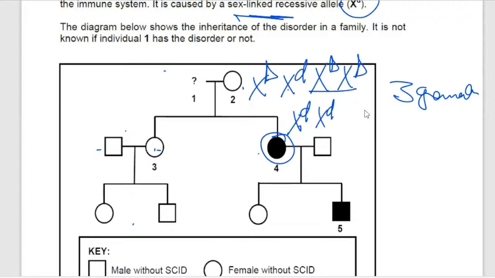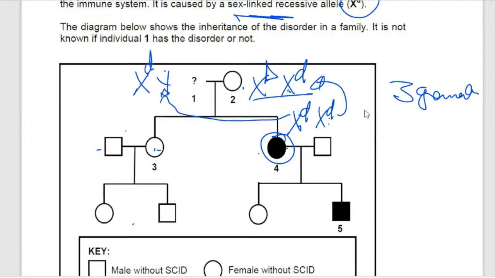Whenever they ask you to identify, make sure that you look at the kids. Which kind of kids they have produced. Therefore, we have identified that this kid is small d, therefore one came from the mother, so the mother is like this. Now, what about the father? Remember, this is a sex-linked disorder. If one came from the mother, then definitely another one came from the father.